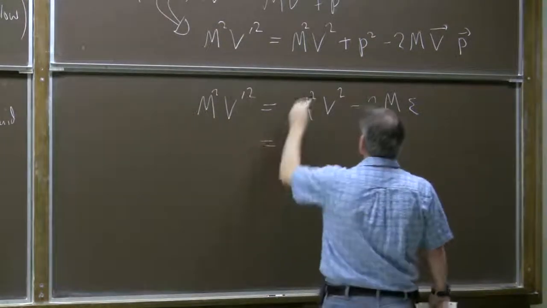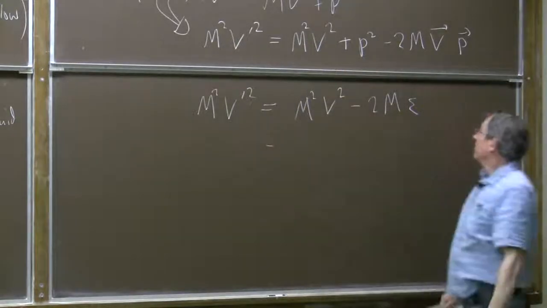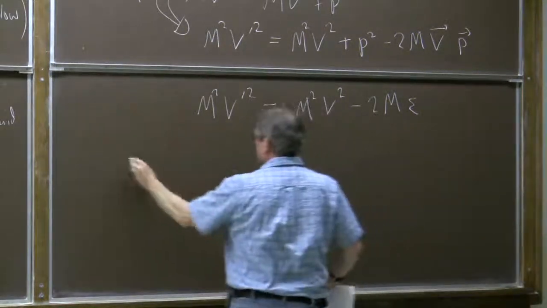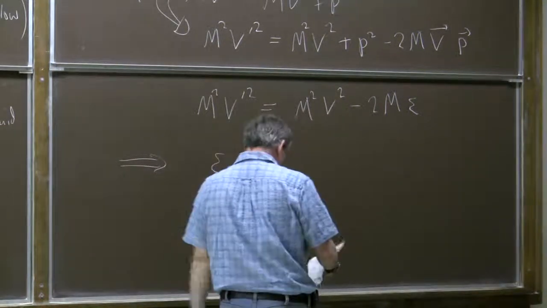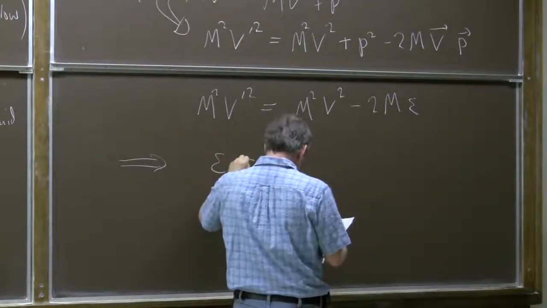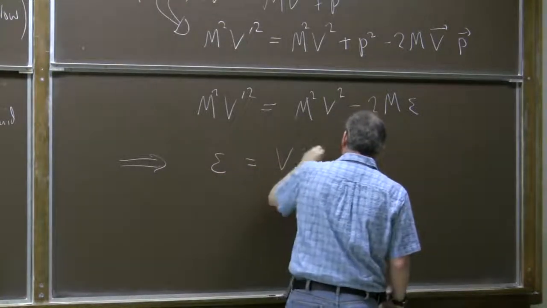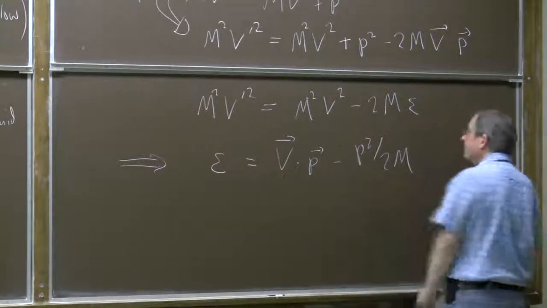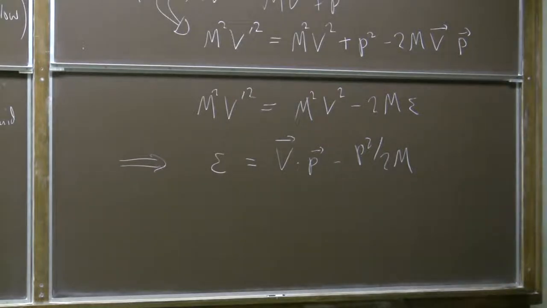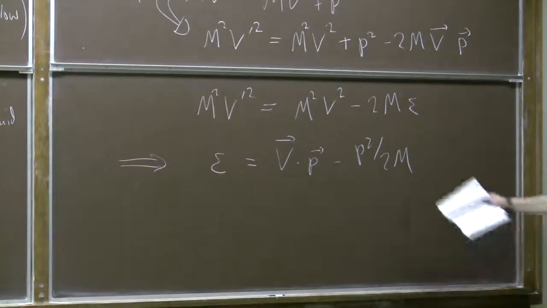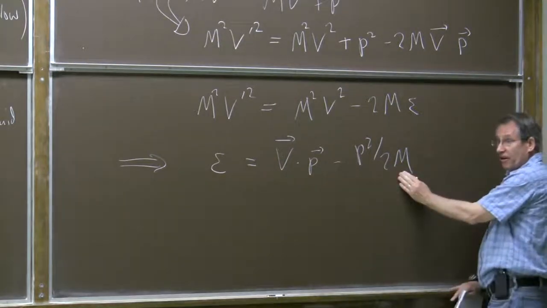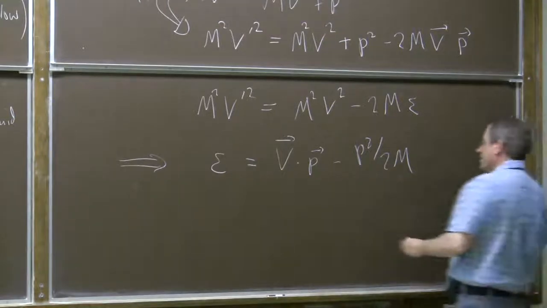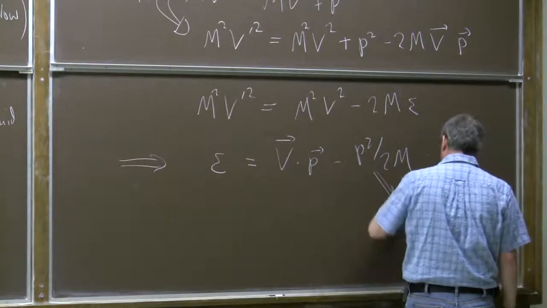So since these two things are equal, the m v squareds cancel, and so the energy acquired by the atom in the collision I can write as v dot p minus p squared over 2m if I divide both sides by 2m. And actually this mass is very large. We can imagine it's much larger than other relevant parameters, so I can ignore this term.